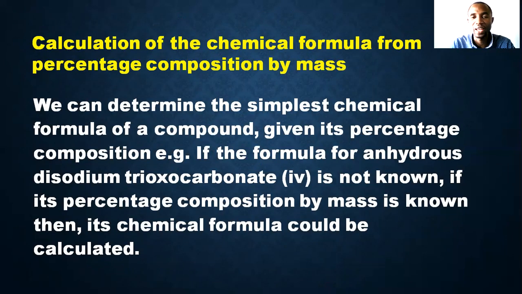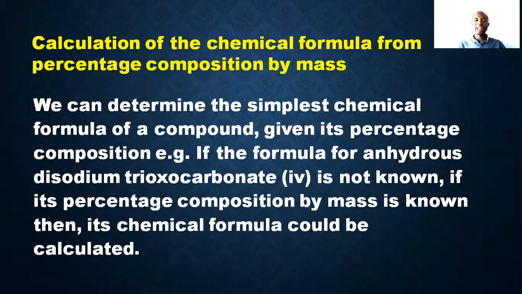What are we trying to say? In calculation of chemical formula from percentage composition by mass, we can determine the simplest chemical formula of a compound, given its percentage composition. If we have been given percentage composition, we can calculate the chemical formula of that.